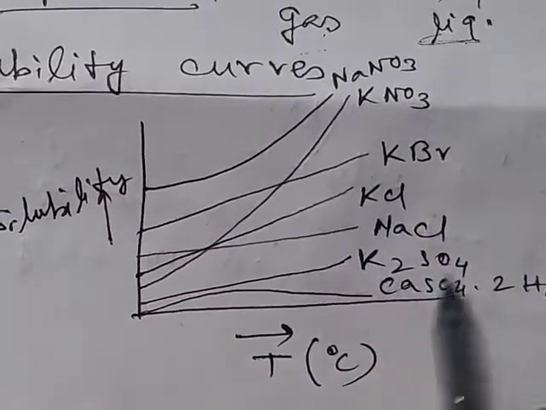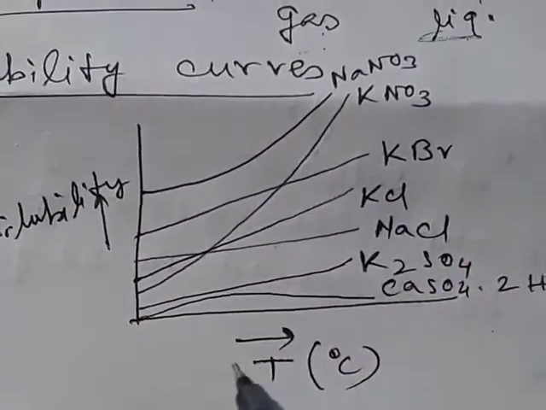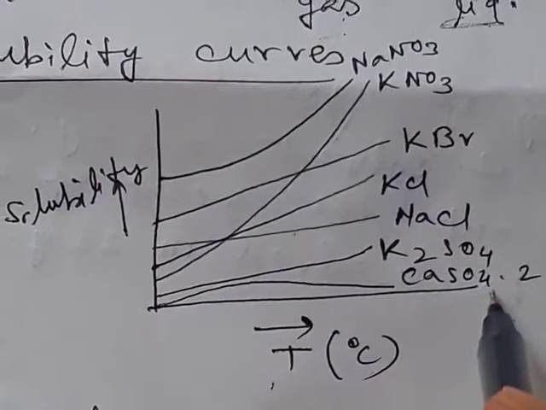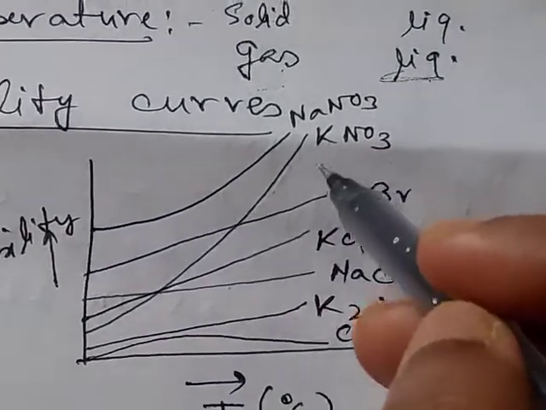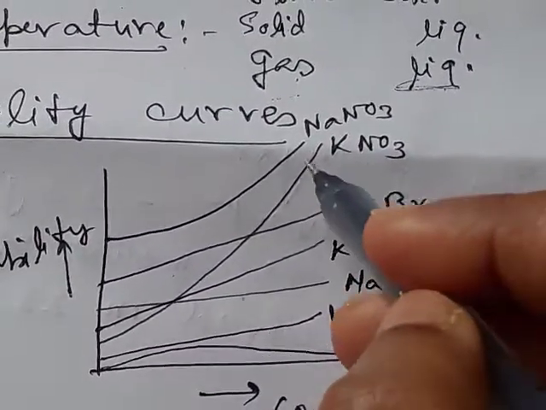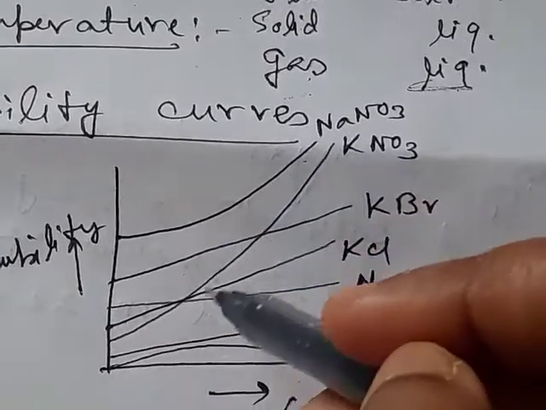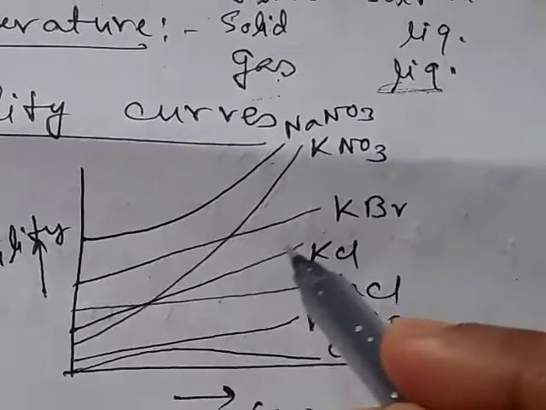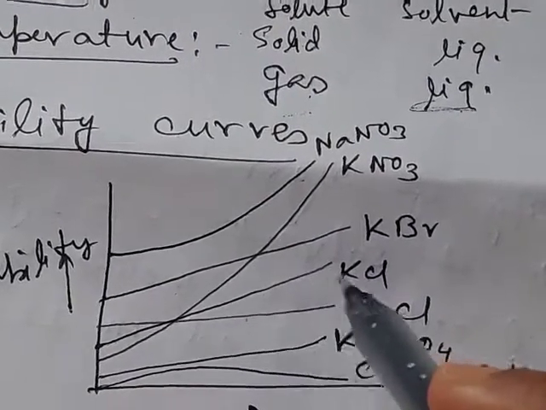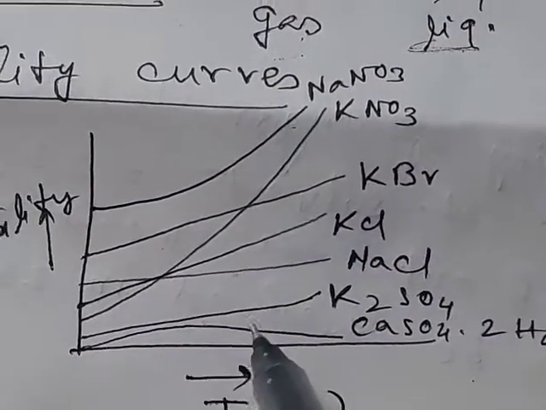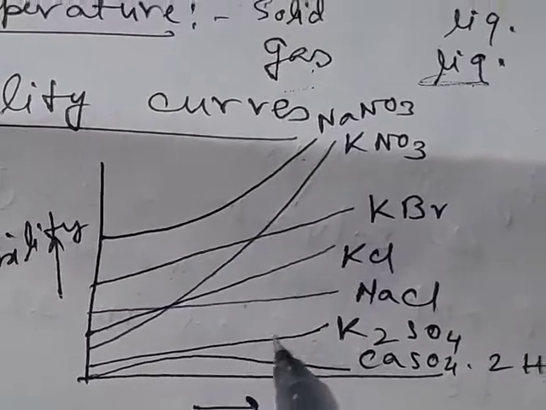Now, solubility curves for different salts. This is the solubility curve for different salts. Here temperature is plotted along the x-axis and solubility along the y-axis, and you can observe that for some salts the curves are steeper, for some salts the curves are less steep, and for some salts there is abnormal behavior.